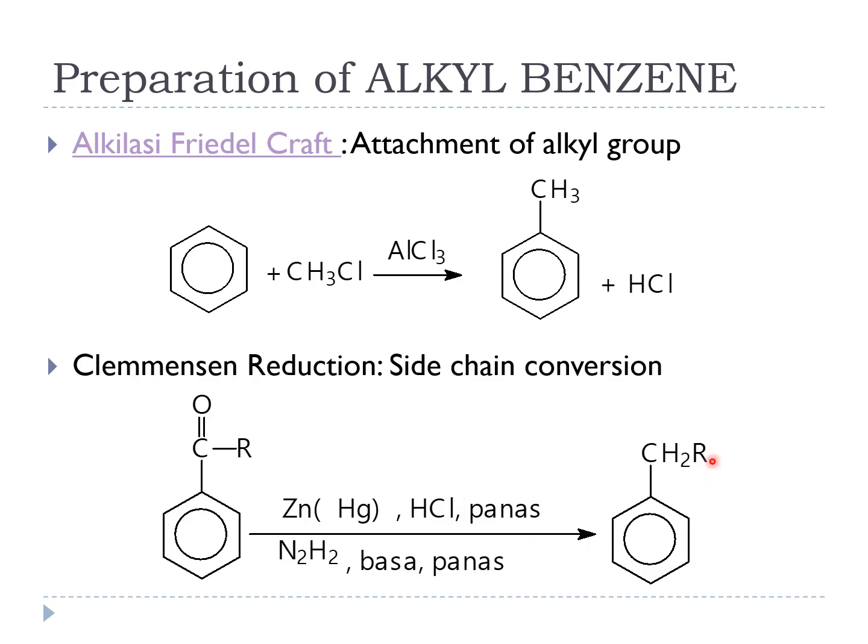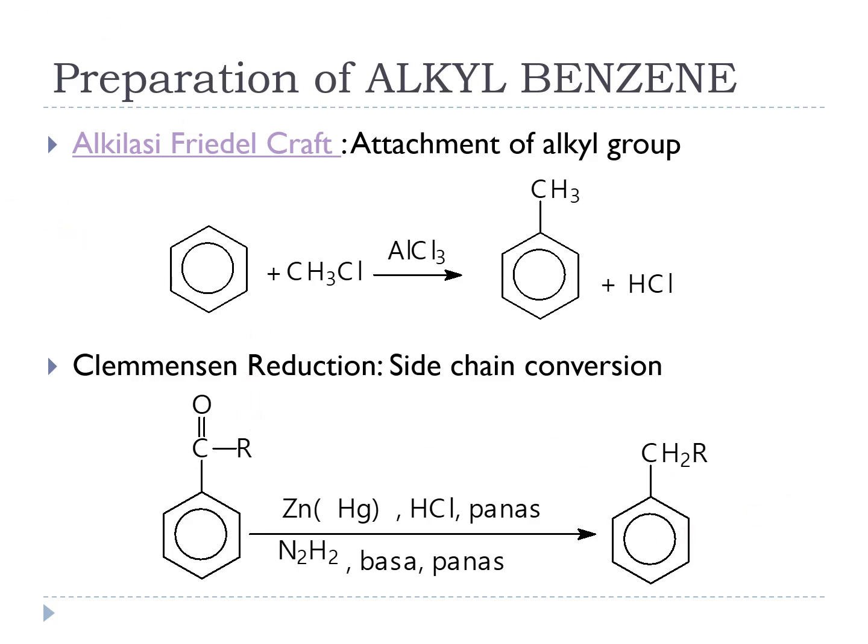But remember, the alkyl benzene produced by the Clemmensen reduction is a long chain alkyl benzene, so it is impossible to produce, for example, methyl benzene or toluene by the Clemmensen reduction.